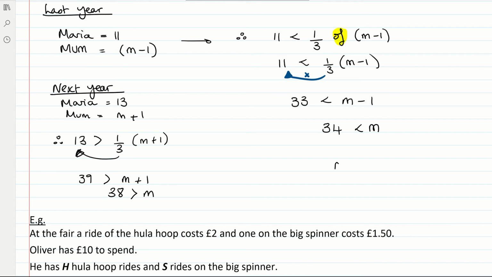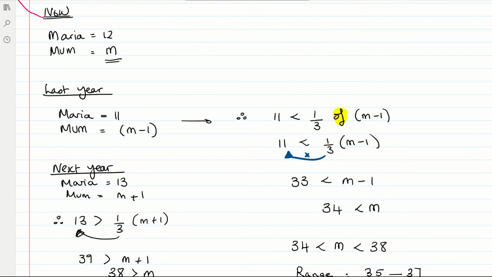So really, M, her mother's age, is bigger than 34 and smaller than 38, and there's no equal signs. So the range in terms of years, just years, is 35 to 37. She's bigger than 34, smaller than 38, so she's either 35, 36, or 37.